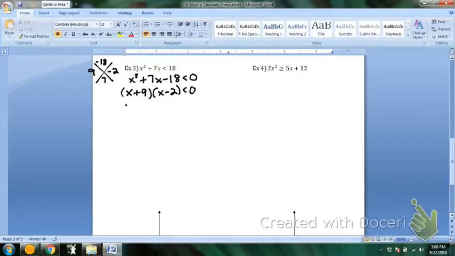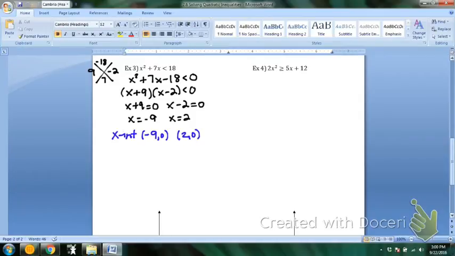We're going to set them both equal to 0. So we know that our x-intercepts are negative 9, 0 and 2, 0.